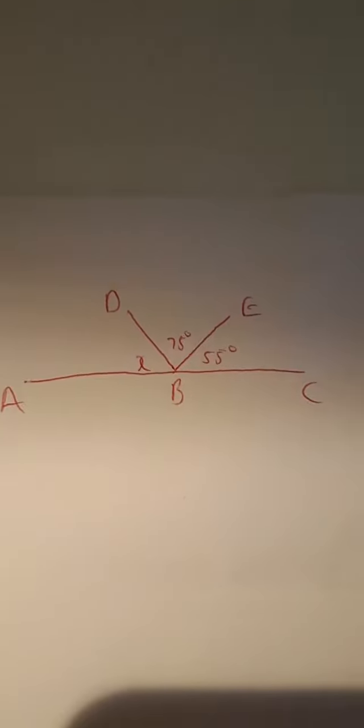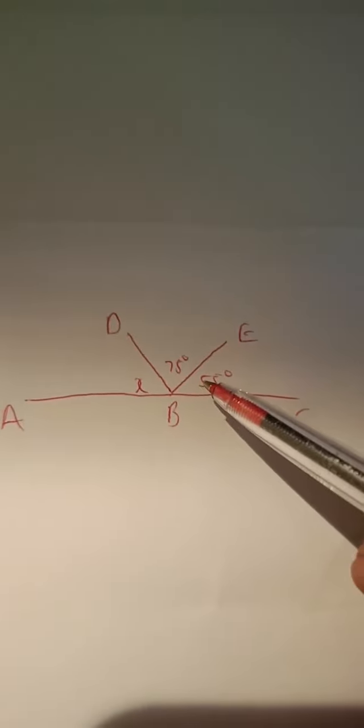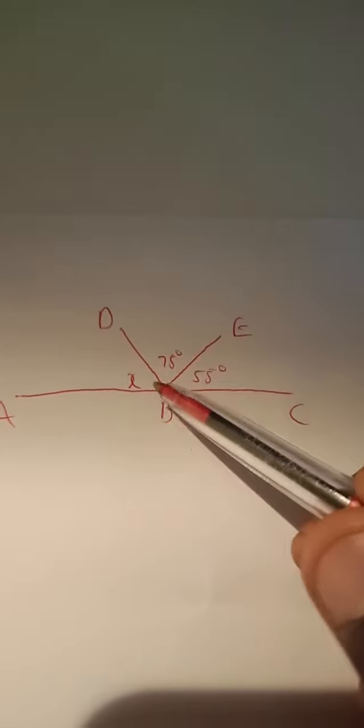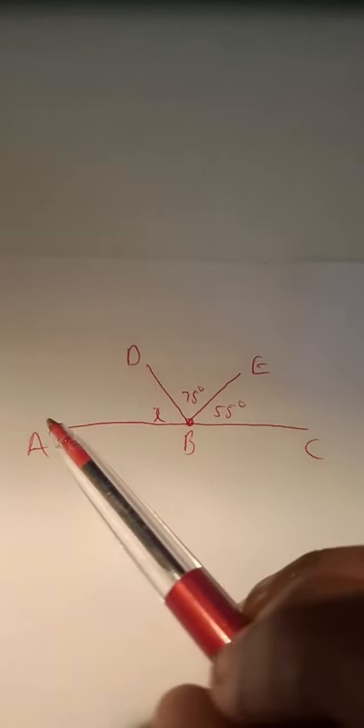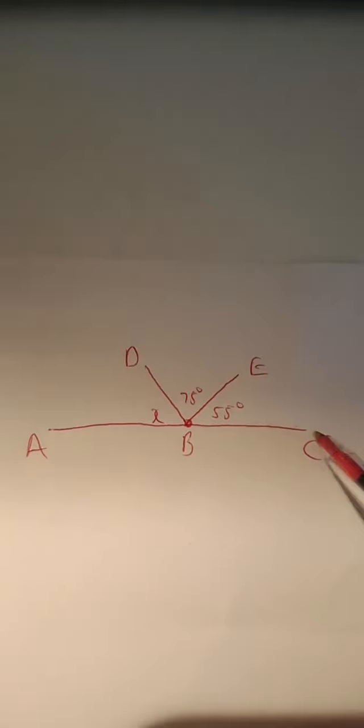So like I was saying, guys, these three angles, we say they share a common vertex. So B is a common vertex. And then secondly, ABC is a straight line.